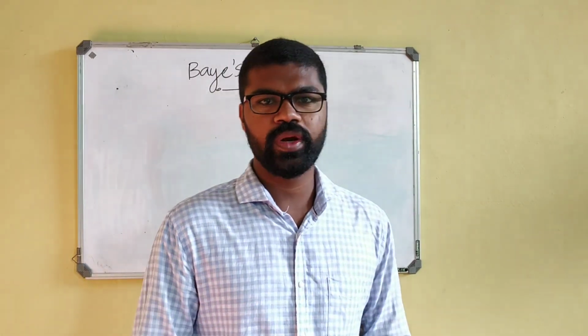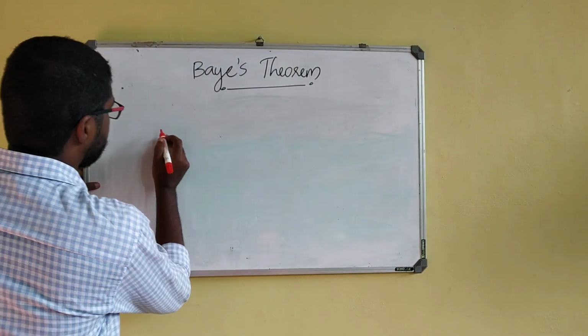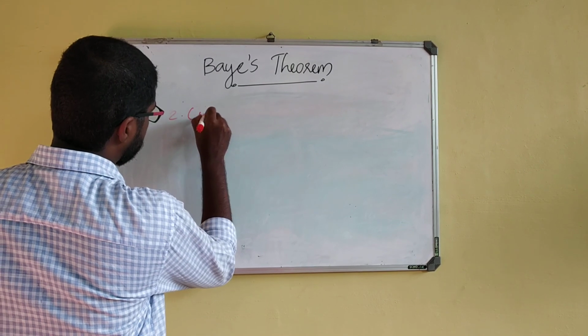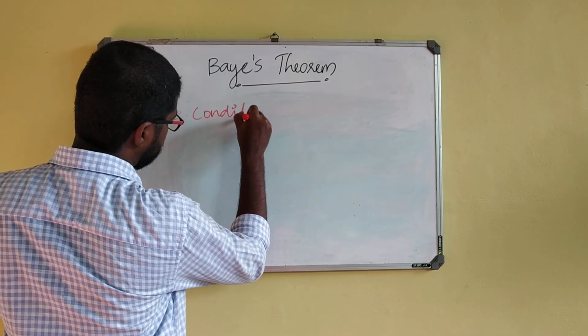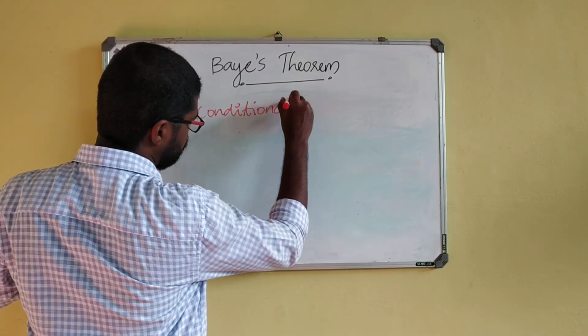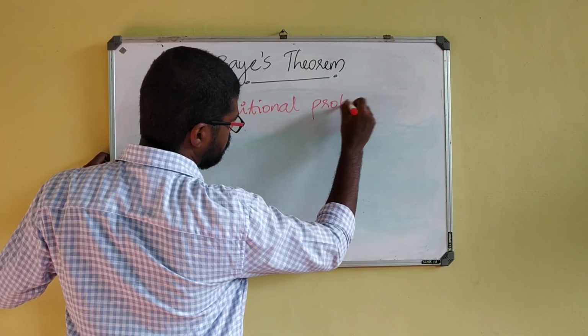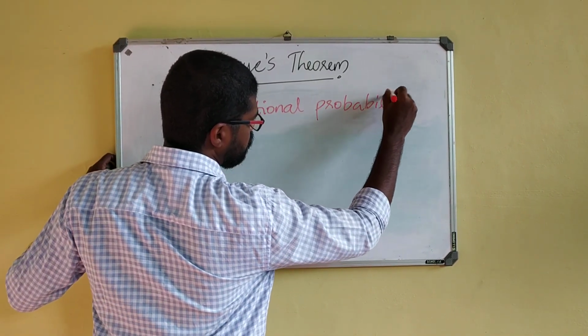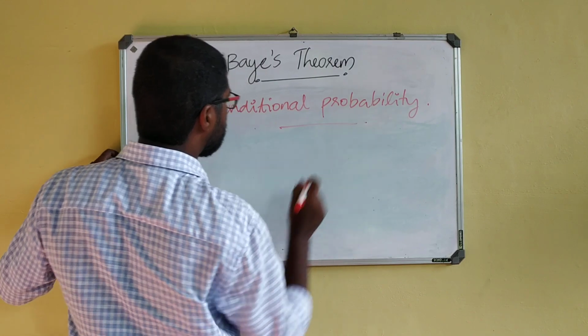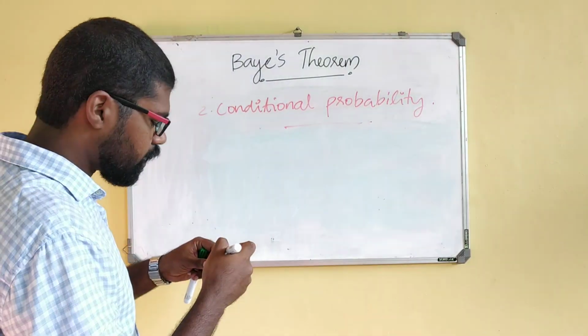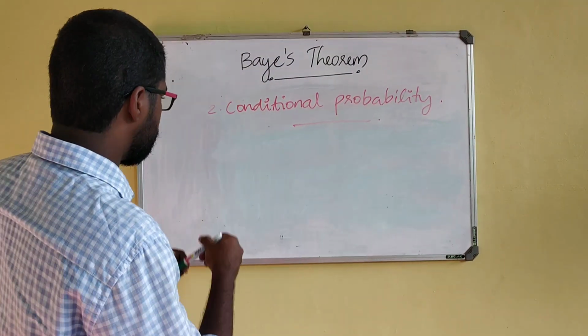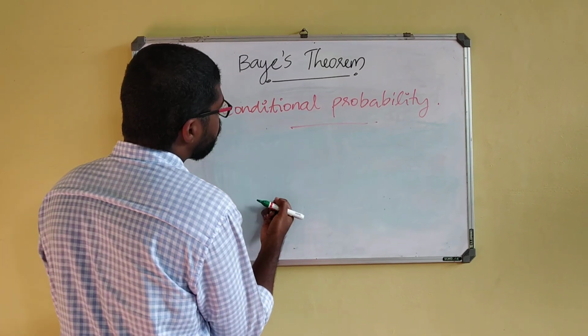And the second one is conditional probability. In conditional probability, we have an equation, or we can find it by logic.